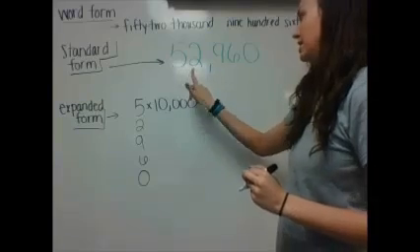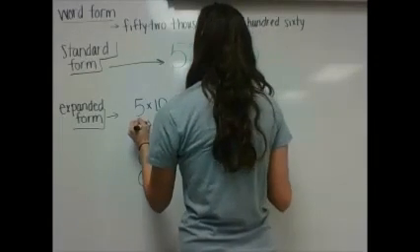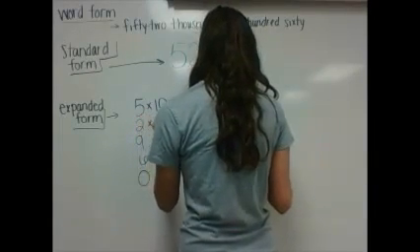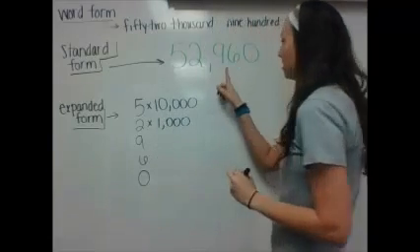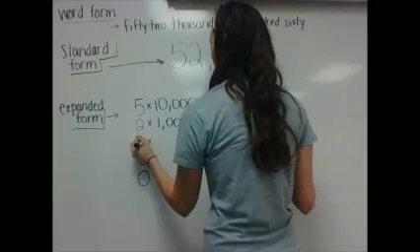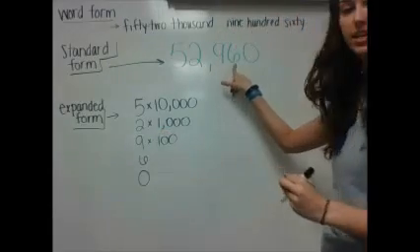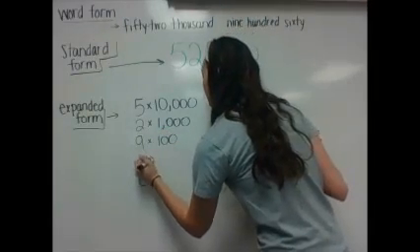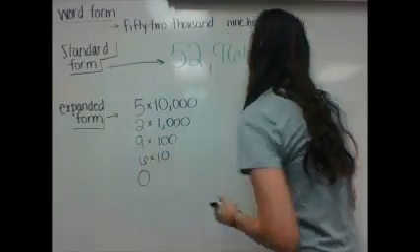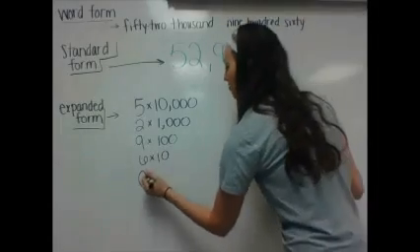The 2 is in the thousands, so we have to multiply it by 1,000. The 9 is in the hundreds. The 6 is in the tens. And the 0 is in the ones.